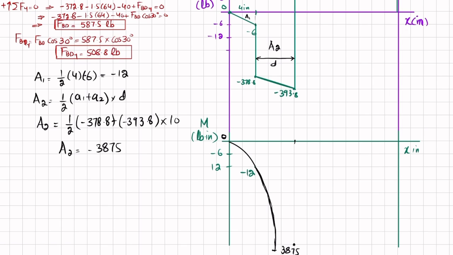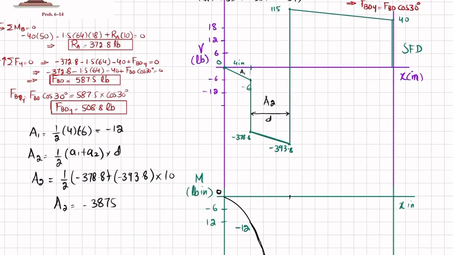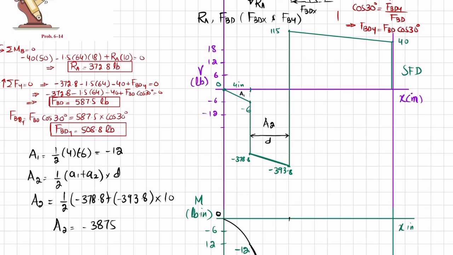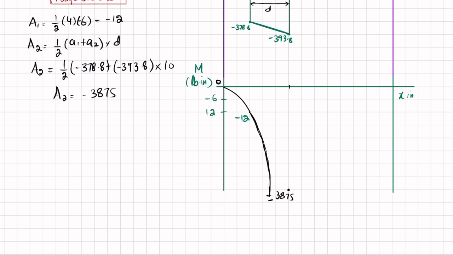Now the third area, you can see this is the third area, A3, and A3 is also a trapezoid. So 1 over 2, its height is 115 plus this height 40, multiplied by this distance which is 50 inch. This area A3 comes out to be positive 3875.